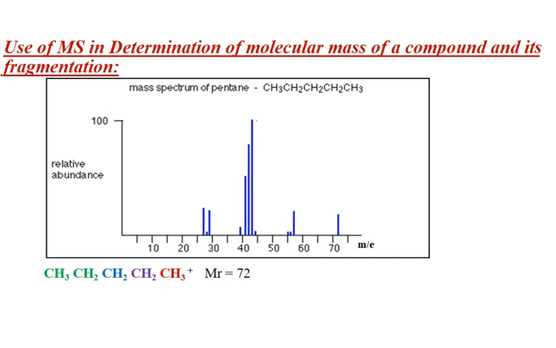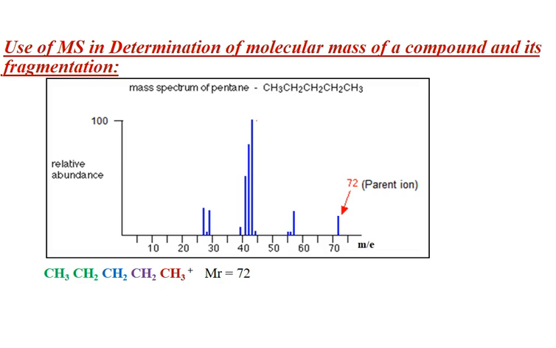The total molecular mass of pentane is 72, and that is the peak with the highest molecular mass, or the highest m over e, in the spectrum. So when we look at a spectrum and it asks what the molecular mass is, well, the molecular mass is the peak with the highest m over e.